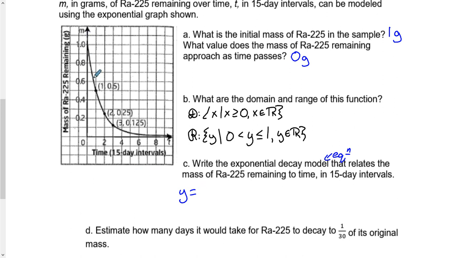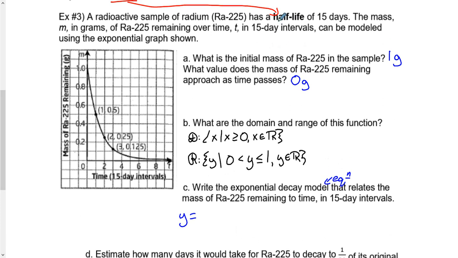It's what proportion is it going down by? It's going down by half. Every single time it's going down by a half. 1/2 to the power of x. Or you write t, because we're talking about time.